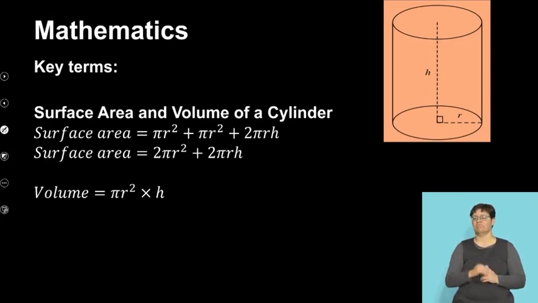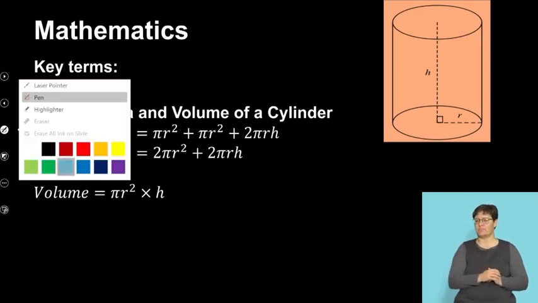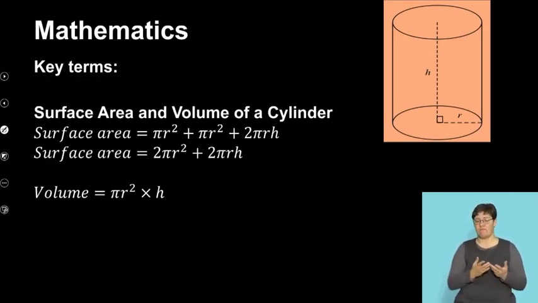Now let's have a look at the surface area and volume of a cylinder. This is just a reminder of formulas that you have done in the past. Surface area, we add together the exterior shapes that make up the three-dimensional shape. So I'm going to add the area of the two circles, which we know are pi r squared, because that is the area of a circle.